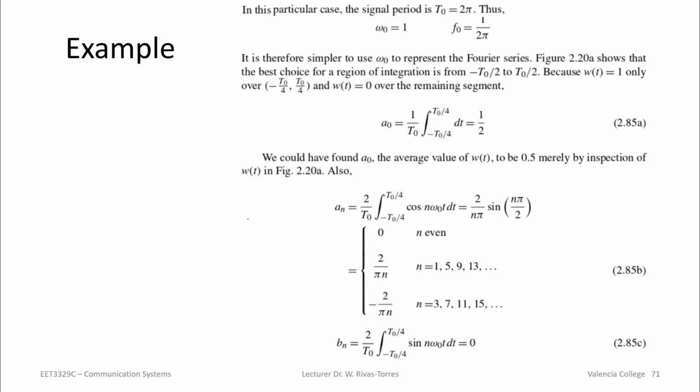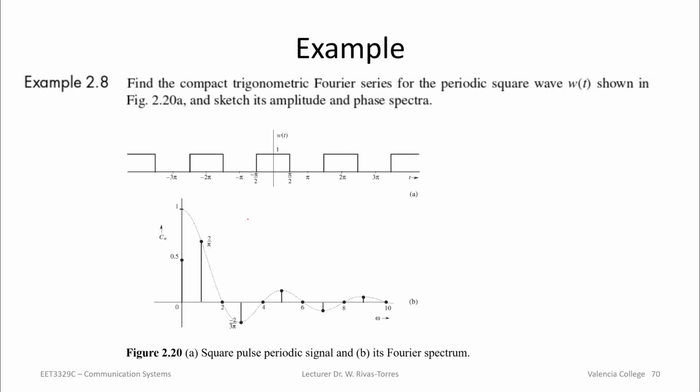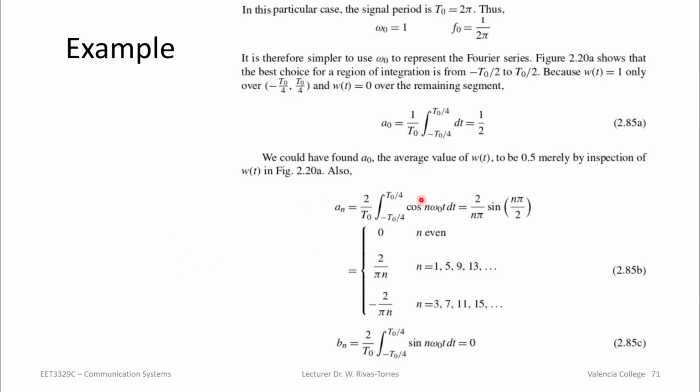So here are the calculations. Again, A0, n equal to 0, comes out to 1/2. That's your DC term. If you go back to the graph, you'll notice here it is 0.5. And then the rest of the values as you calculate them: it turns out that for n even, everything is 0.